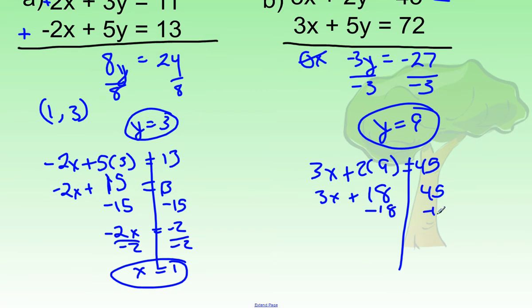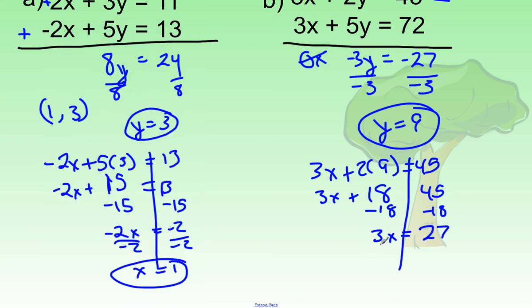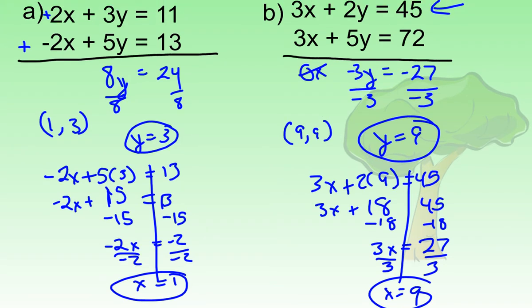Subtract 18. 3x equals 45 minus 18, which equals 27. Divide by 3 on both sides, and x will equal 9. So in this case, I have the solution 9, 9. Both the x and the y value were 9.